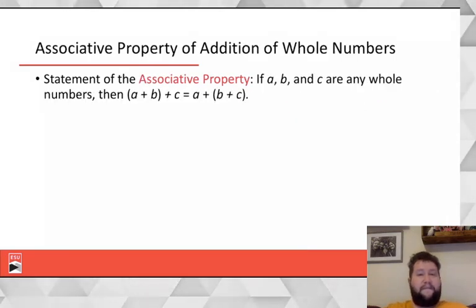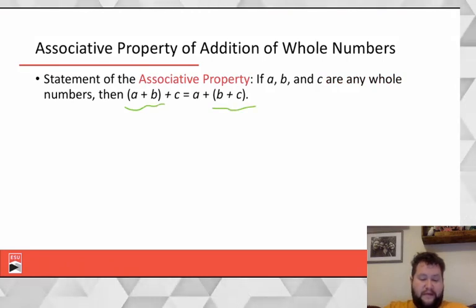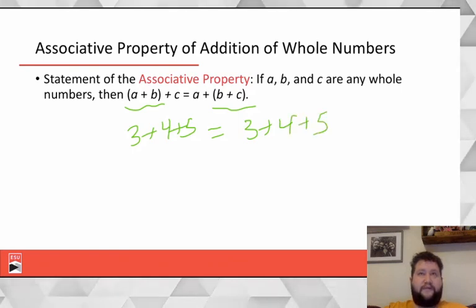Associative property. This is where I said you could cluster in any way. If a plus b plus c, we can either do a plus b first or b plus c. What was my example? I think it was 2, 3, 4.